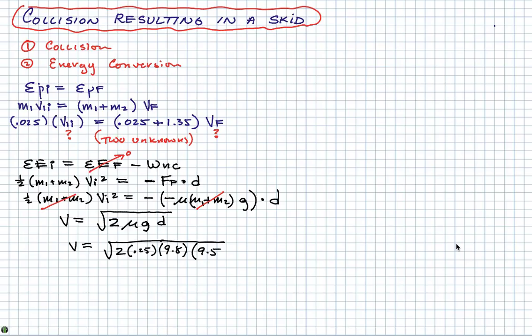Let's plug that into the calculator: 2 times 0.25 times 9.8 times 9.5 works out to 46.55. Take the square root, and I end up getting 6.82 meters per second.